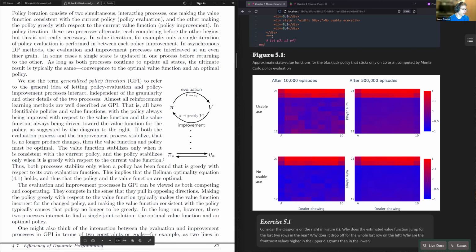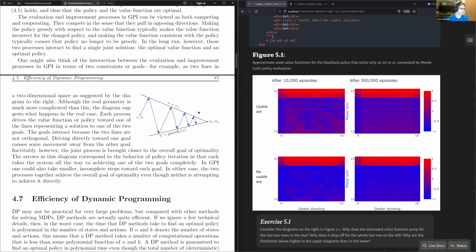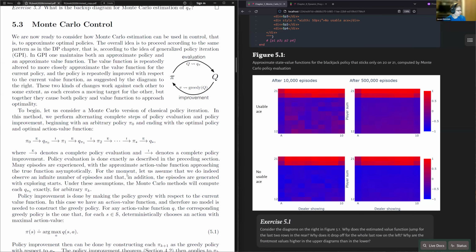In this diagram, we're marching our way towards both the optimal policy and the optimal value function. You could wait for convergence at each step, or you could just partially evaluate V, at least to the point where the greedy policy would be somewhat different, because either way we're going to lead to the same place.